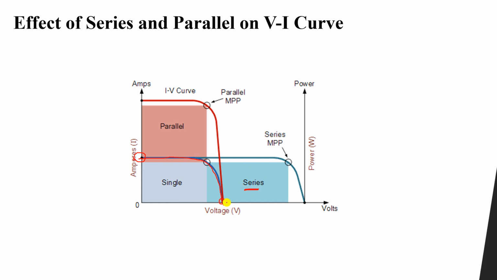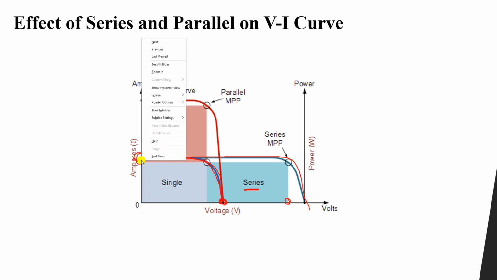The voltage will increase. So you can see the voltage shifted from here and became here. This is the new voltage. And what about the current? The current is the same. You can see this is the old curve, and this one is the new curve. The ampere is the same.